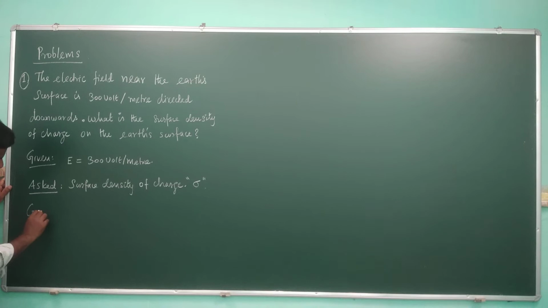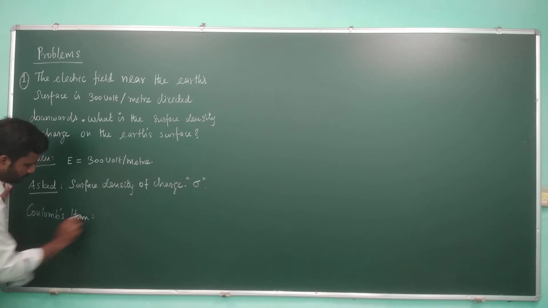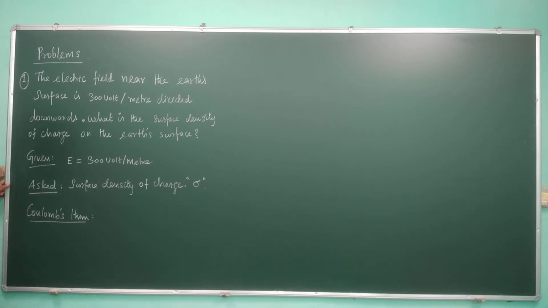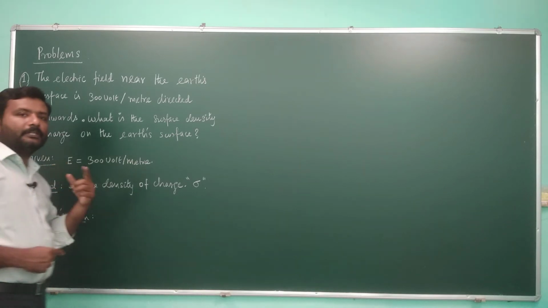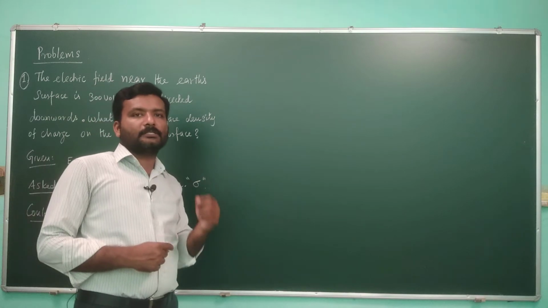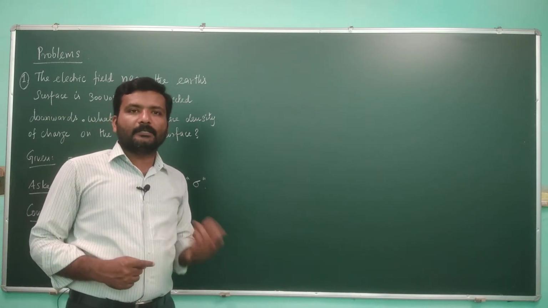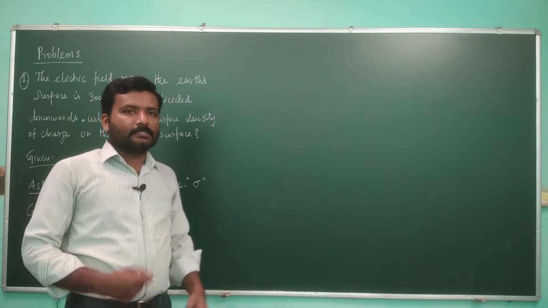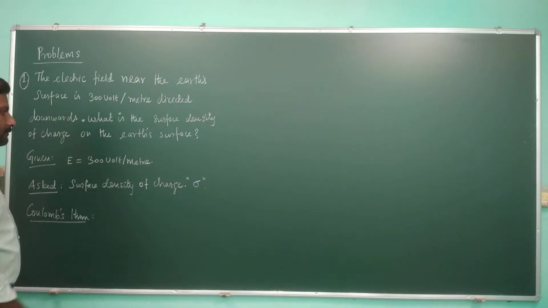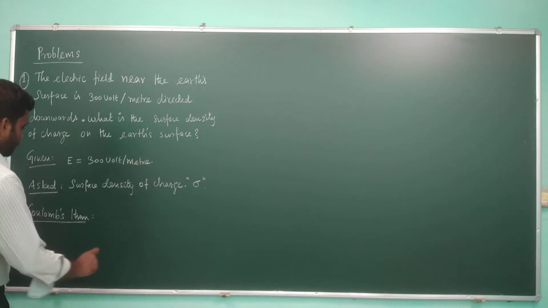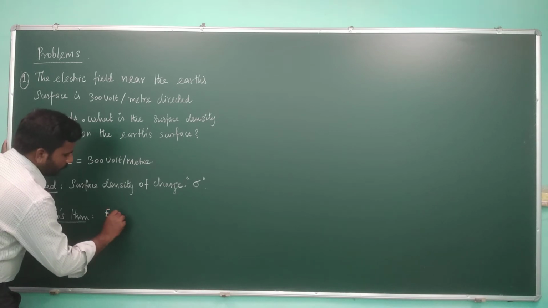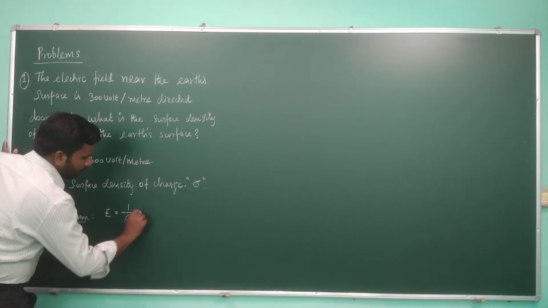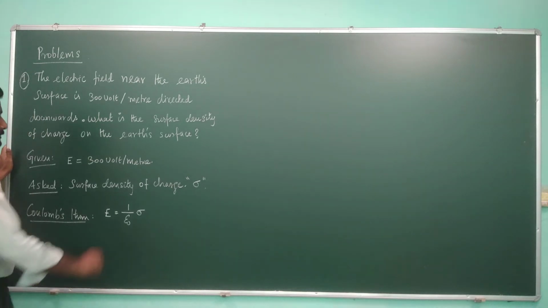According to Coulomb's theorem, using Gauss law, it states that the electric field at any point near a charged conductor is equal to 1 by epsilon naught times the surface density of charge. Remember? Good. So, according to this theorem, this is the relation. Now, what is given?